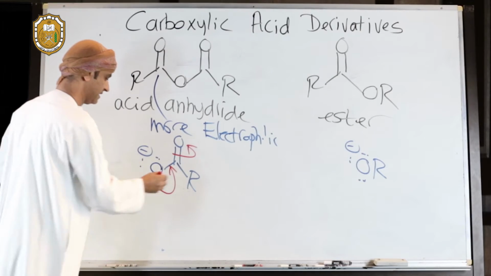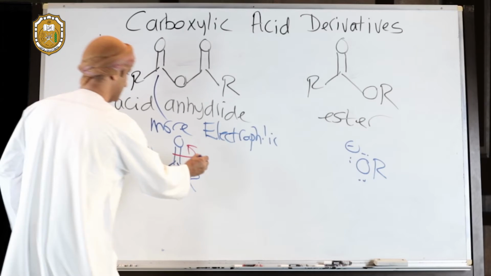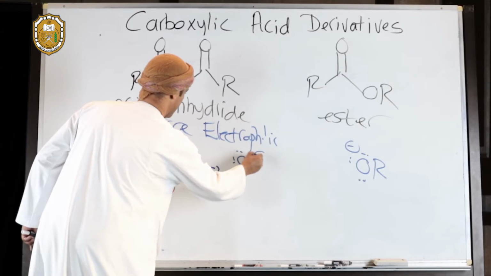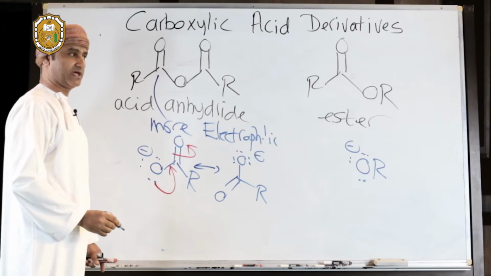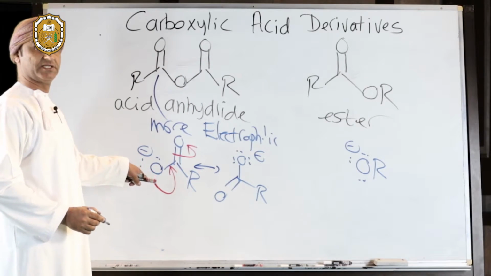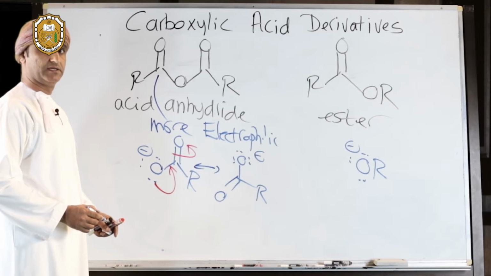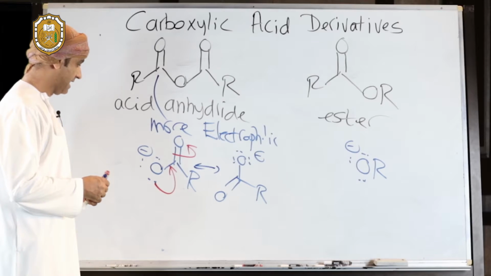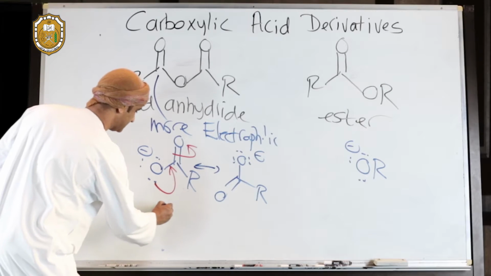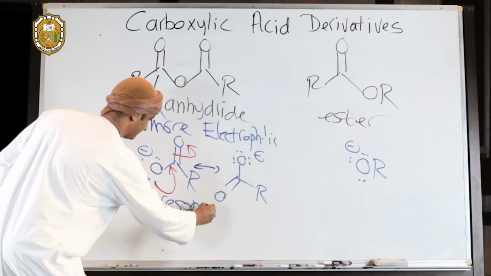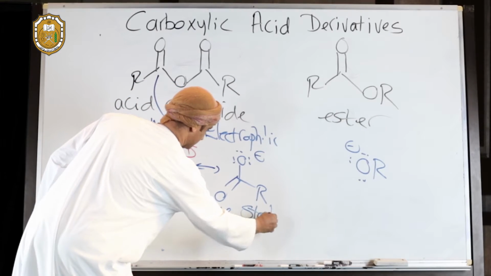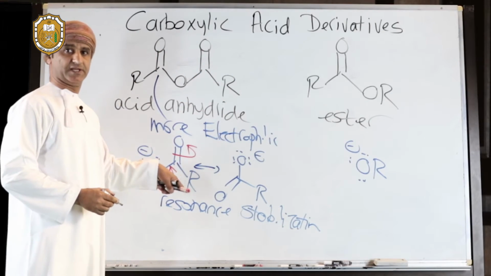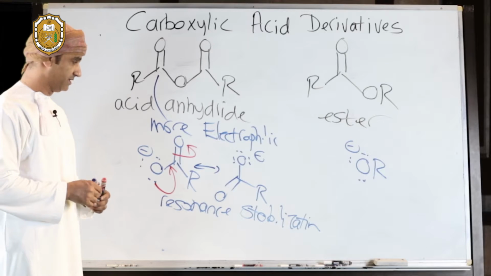So you can do resonance to stabilize this conjugate base to get something like this, another resonance form for the carboxylate. Now this resonance stabilization cannot be done on the alkoxide because there is no carbonyl group, there is no multiple bond nearby. So this is resonance stabilization, whereas such stabilization cannot be done on the alkoxide.